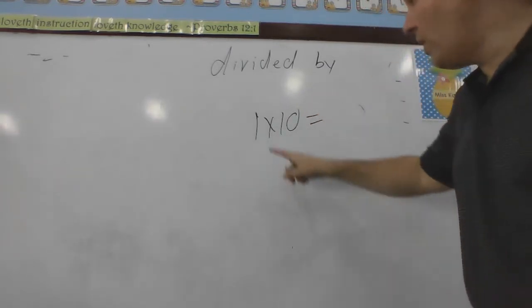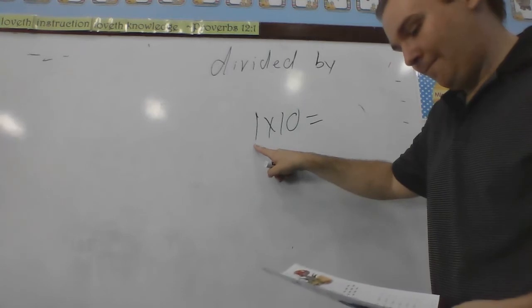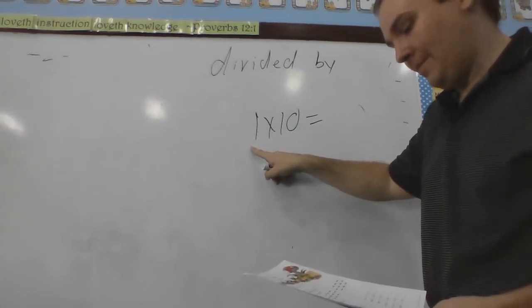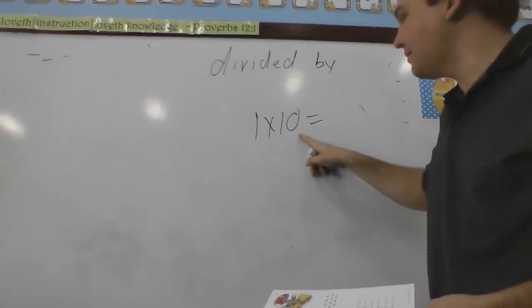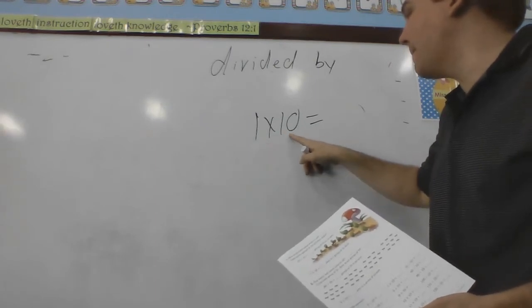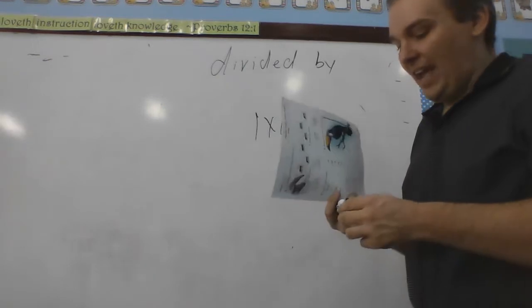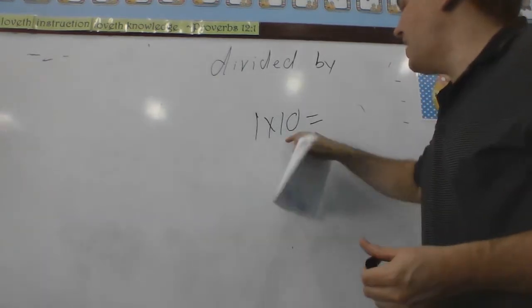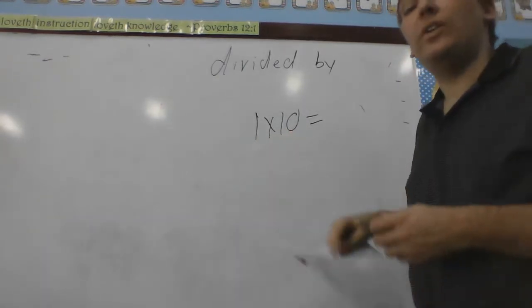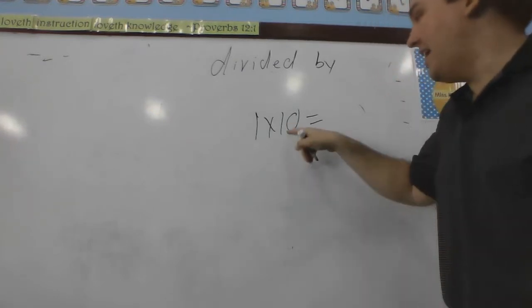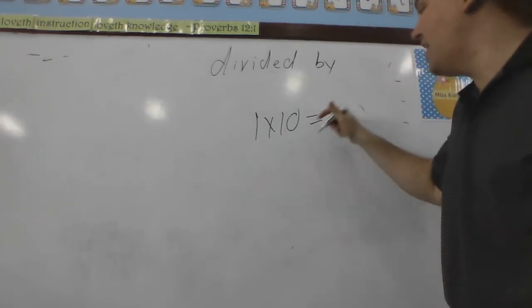We want one group of ants. We're putting 10 ants in one group. Okay, 10 ants in one group, or one group of 10 ants is 10.